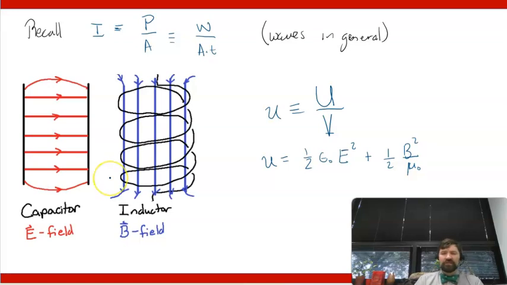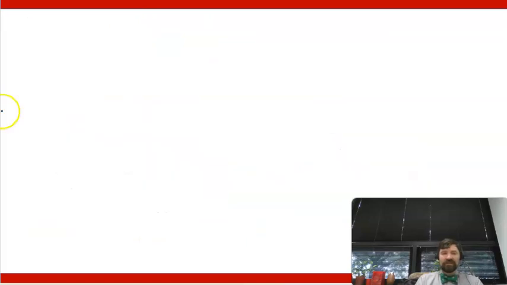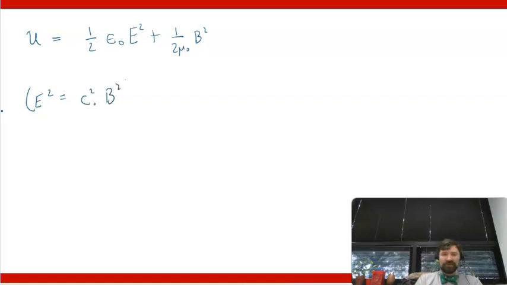Last but not least, we know that E over B is c naught. So these two things can combine to get us the energy density in terms of either only the electric field or only the magnetic field. So again, it should look like 1/2 epsilon naught E squared plus 1/2 B squared over mu naught. But we can use E squared is equal to c naught squared B squared.